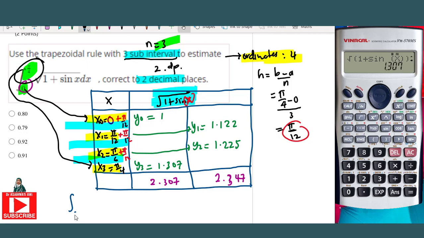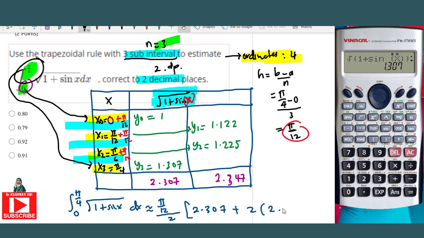The integration from 0 to pi over 4 of square root of 1 plus sine x with respect to x is approximately h over 2, where h is pi over 12, and this one 2.307 plus 2 times 2.347.